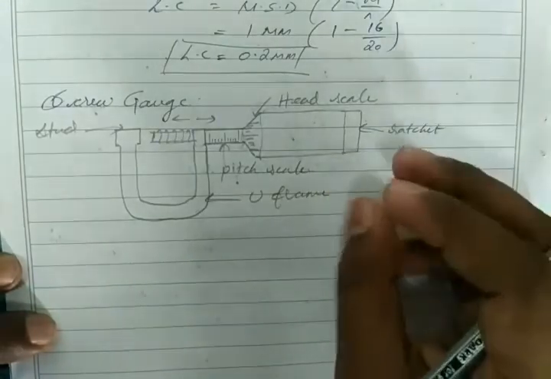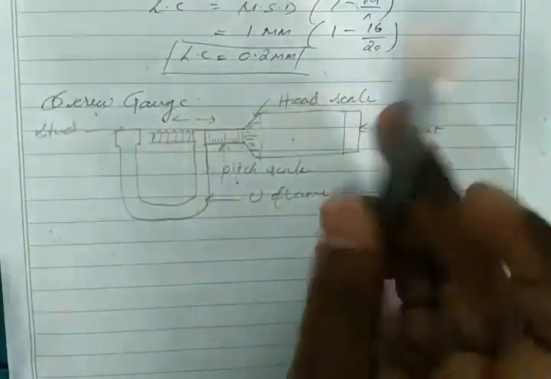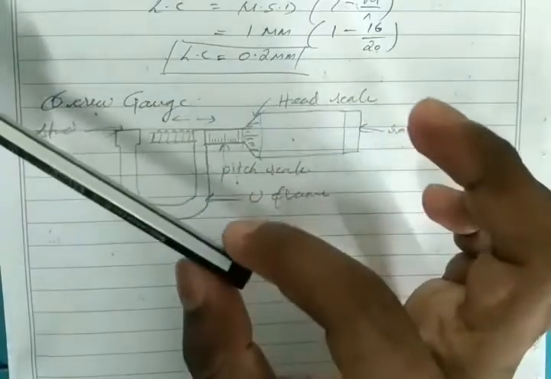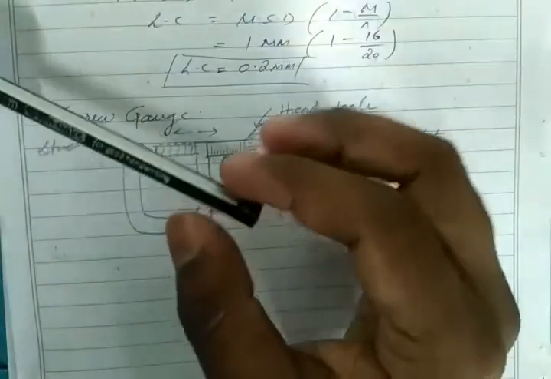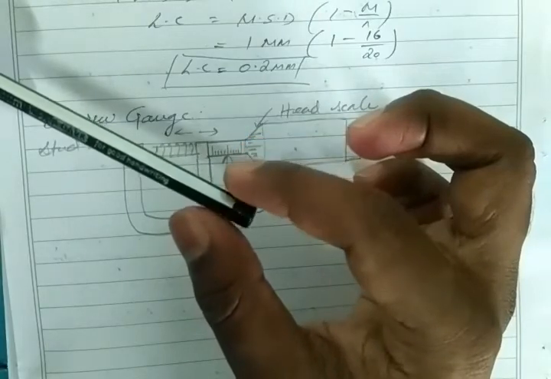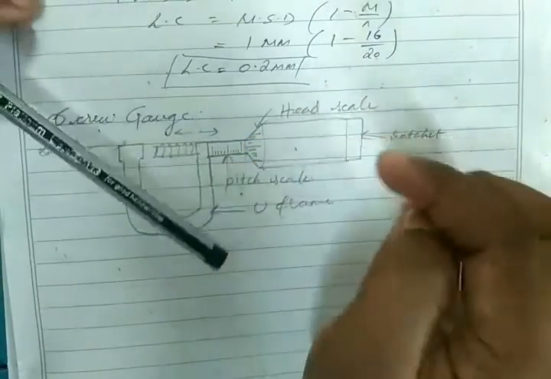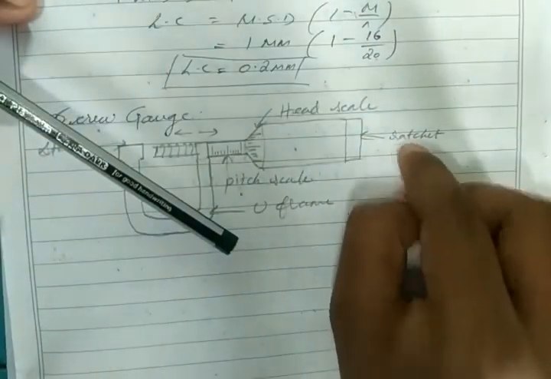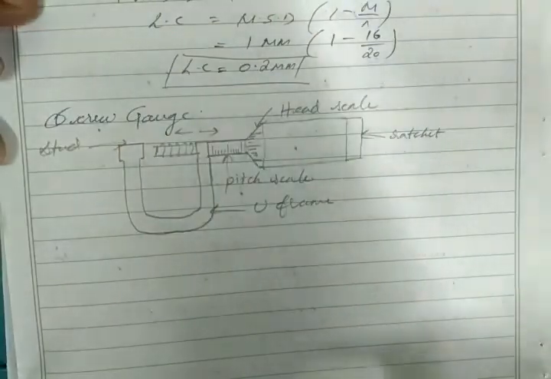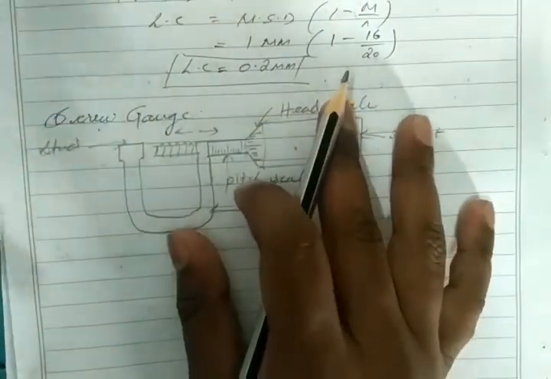If we tighten the screw up to the object, for example if you want to measure the diameter of this pencil, then we rotate, and the jaws will come close to the pencil. After a certain time it will be tightened, and a small pop sound will come from the ratchet. So we have to stop the rotation.